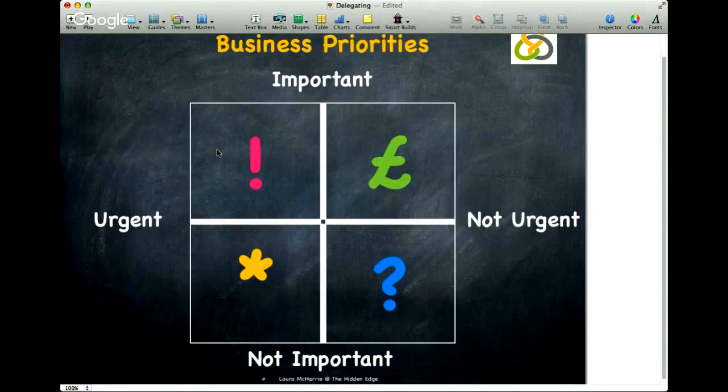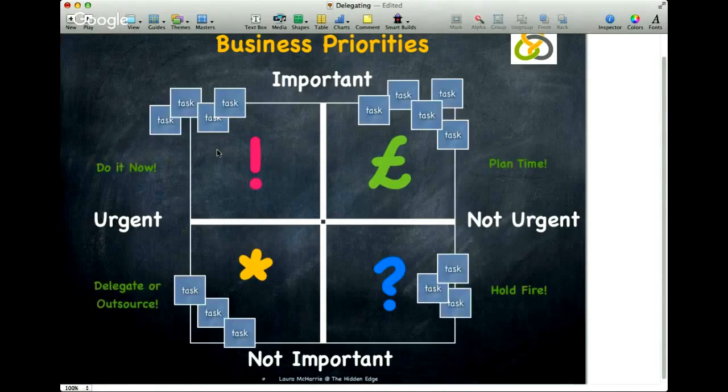Now, what do we do with them? Well, the way that I like to use it is, of course, the Post-it Notes. So all of the things that are on my list of things to do can be broken down into bite-sized chunks. And I can identify those that are important and urgent and must be done now and must be done by moi.